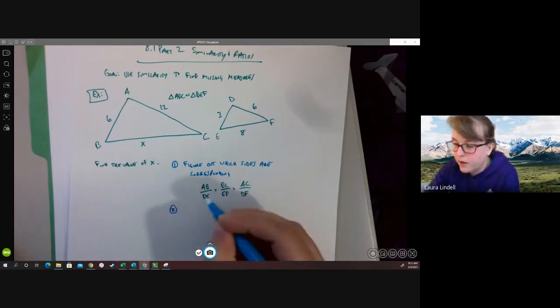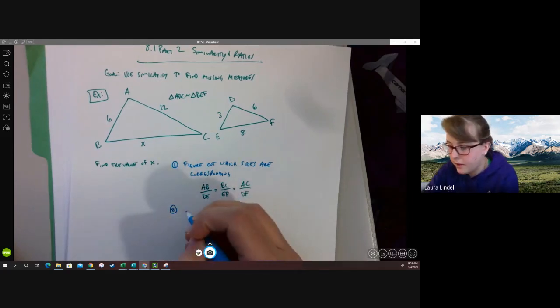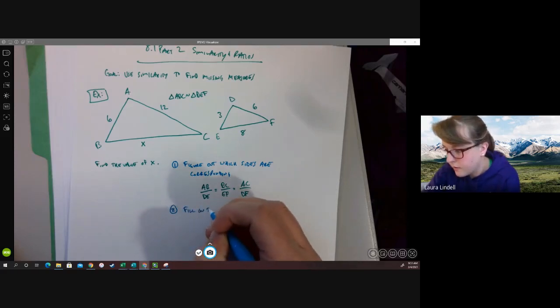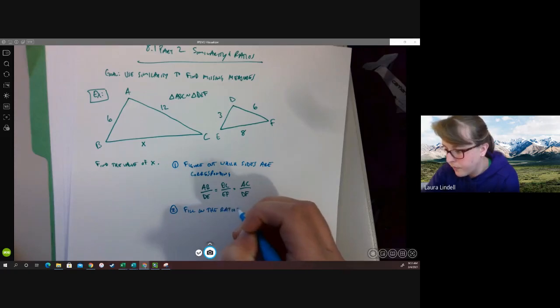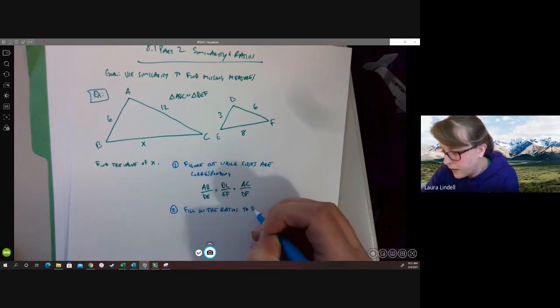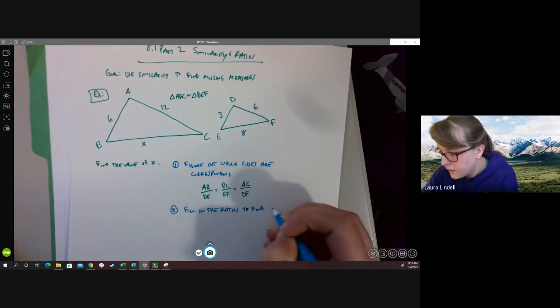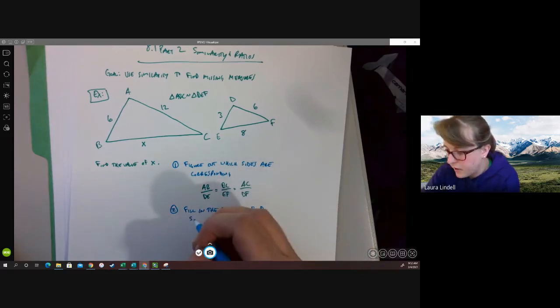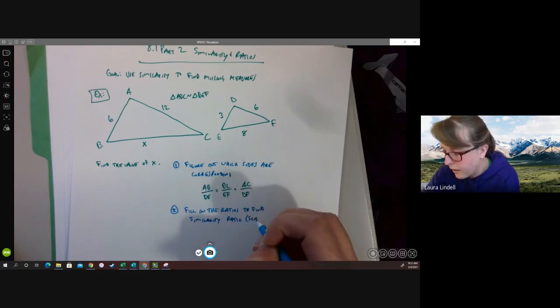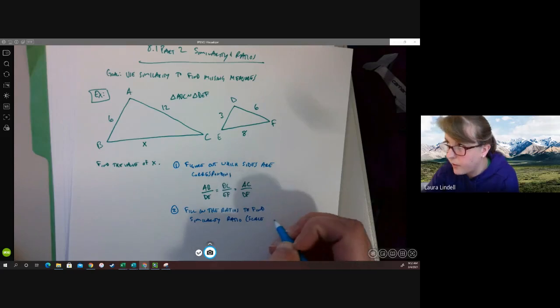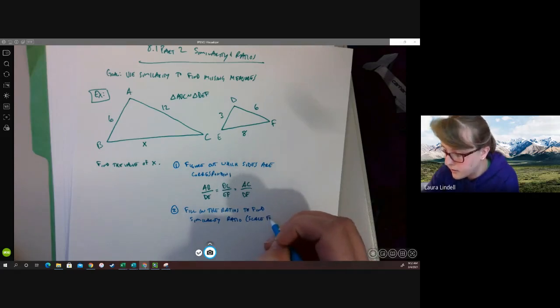Step 2, we're going to use this to find the scale factor. So we're going to fill in the ratios above to find that similarity ratio, or the scale factor, if we're thinking of it kind of like we did in terms of dilations.